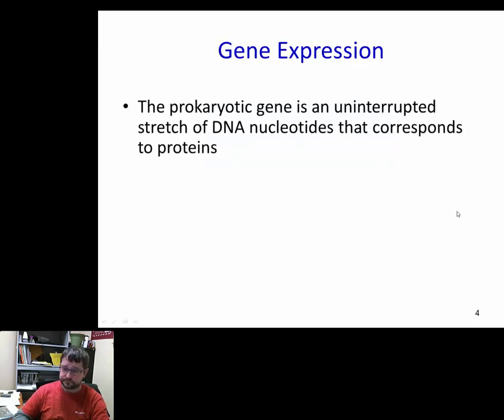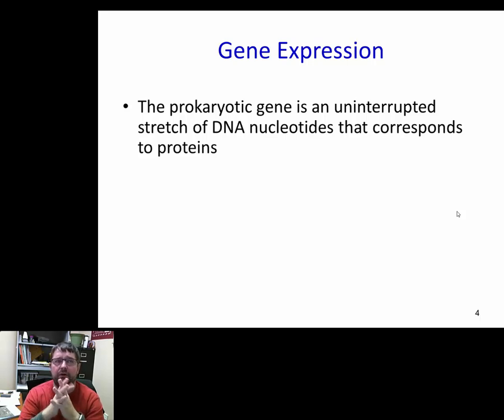The one thing about the prokaryotic chromosome, remember prokaryotes have a single chromosome and it's a circular chromosome. So it's not linear chromosomes, it's one big circular chromosome. The other thing that prokaryotes have going for them is that their genes are uninterrupted.